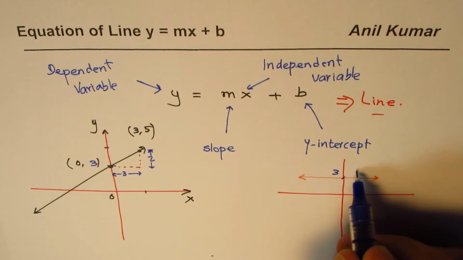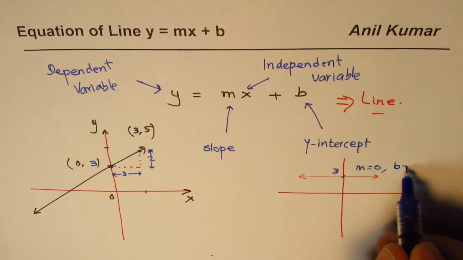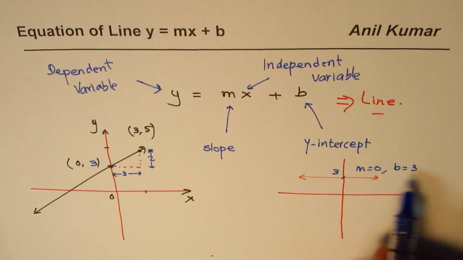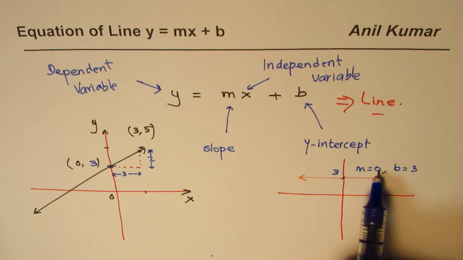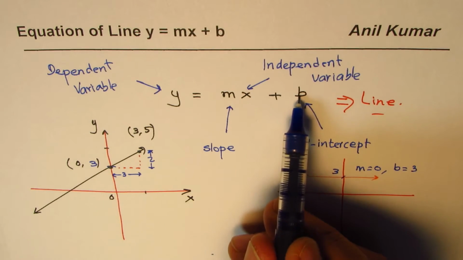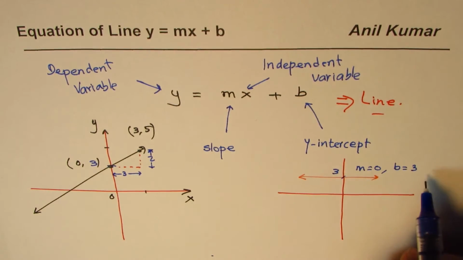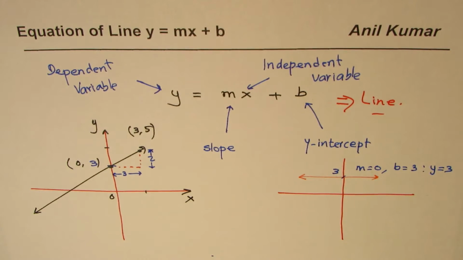Since slope m = 0 and y-intercept b = 3, if I place these values in the equation, m = 0, so the first term will be 0. We are left with y equals the y-intercept, which is 3. So the equation for this will be y = 3. You get an idea, right?